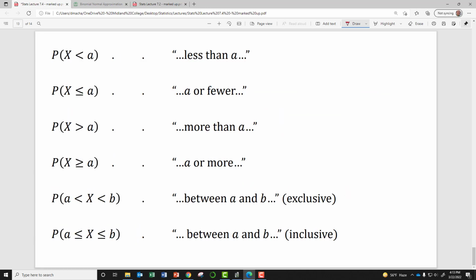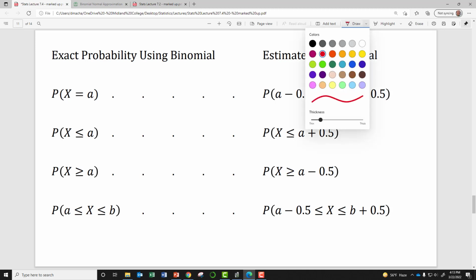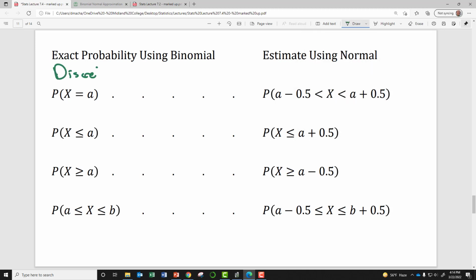So going back to this previous table, notice that over here on the left, for this discrete probability question, I always use the inclusive version, so the less than or equal to and the greater than or equal to signs there.